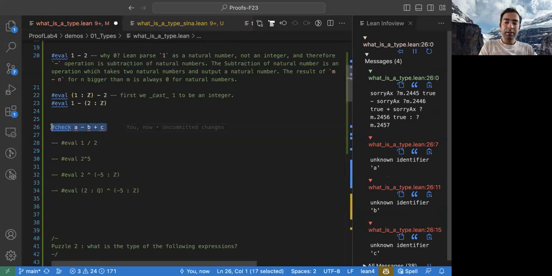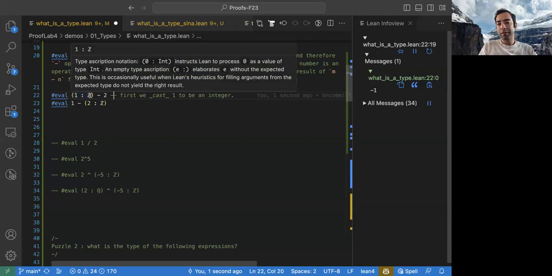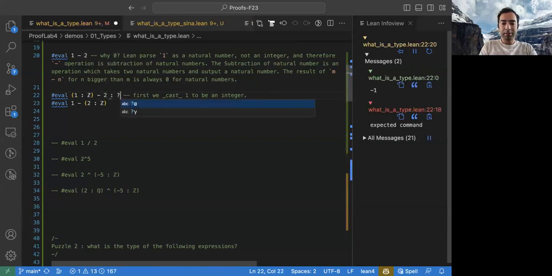So what's going on in here is that you have one expression, the type of which we give explicitly. So not so much inference is going on there. So Lean knows that the first one is an integer. The second one, it really doesn't know yet. So what Lean does behind the scenes, it puts a question mark here.